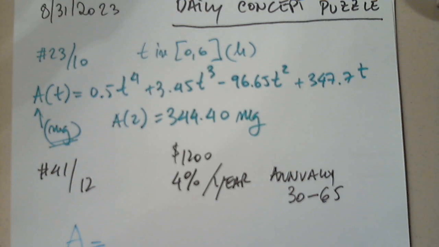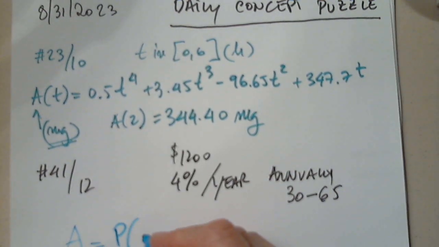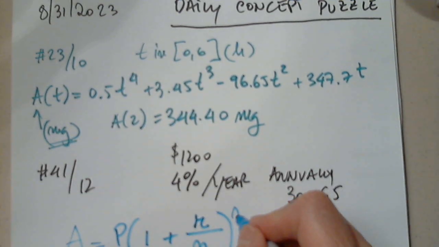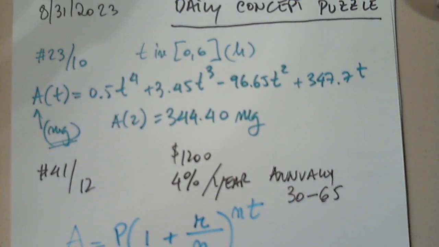A equals P times 1 plus r over n, raised to n times t. Very good. Awesome. That's perfect. So what is the information given to us? In other words, what is the principal?